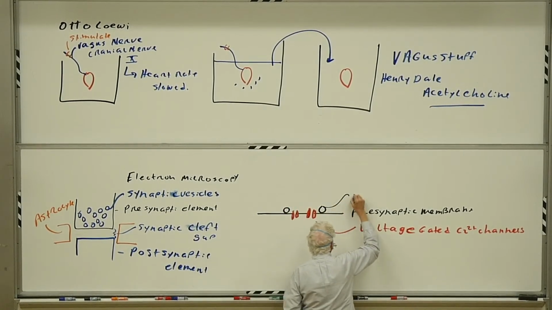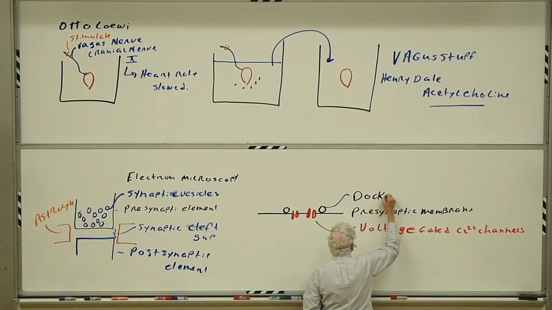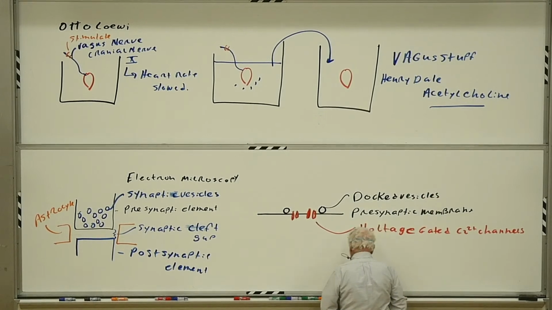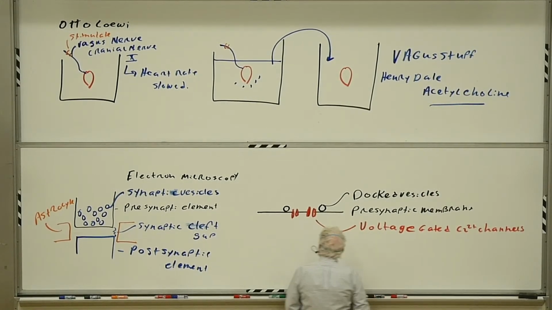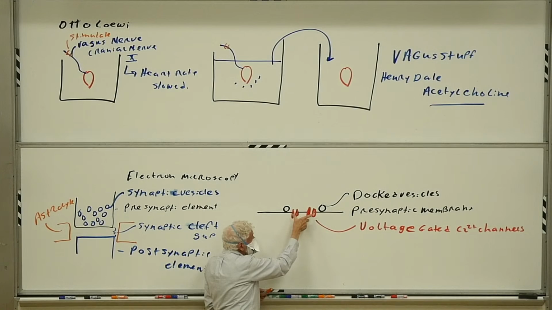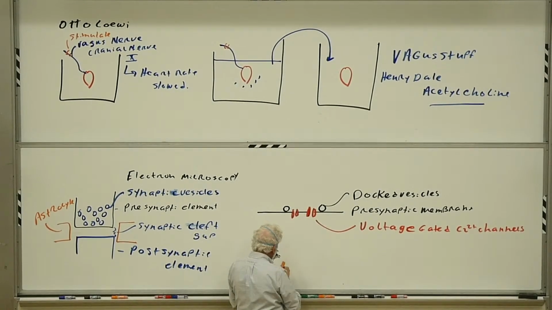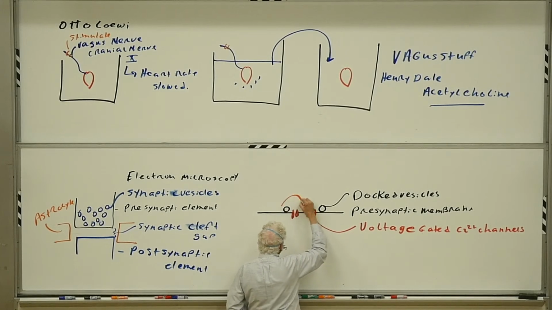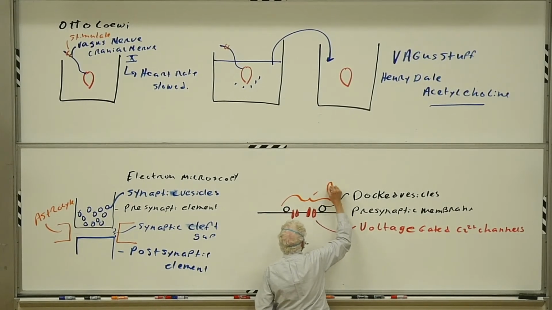And these are said to be docked vesicles. Taken together, the vesicles docked at the membrane and the calcium channels themselves are said to be the active zone.